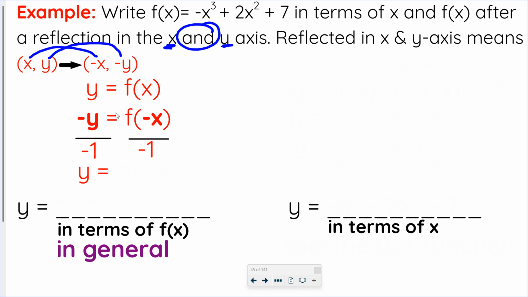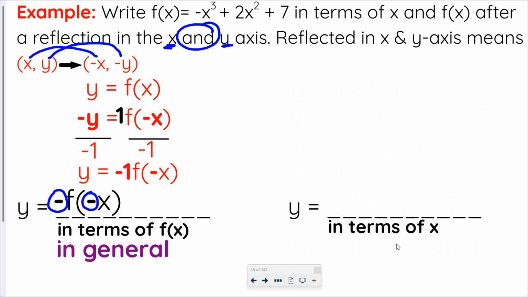On this side here, there's really an imaginary 1 in front of there. We don't normally write it, but it helps us see that 1 divided by negative 1 is negative f of negative x. So negative 1 times f of negative x is simply negative f of negative x. So the negative on the outside shows it's vertical, the negative on the inside shows it's horizontal. That's in terms of f of x.